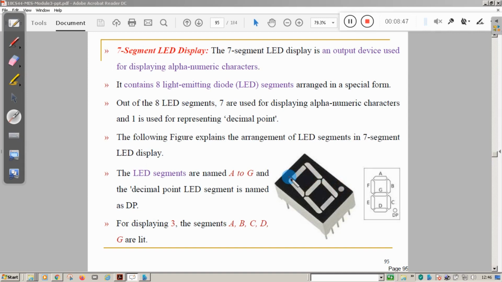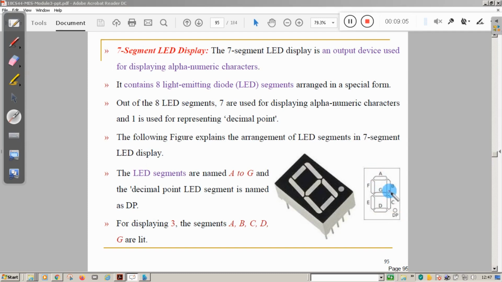These LEDs are connected in a segment form, and they are named A, B, C, D, E, F, G and decimal point. The naming starts in the clockwise direction.